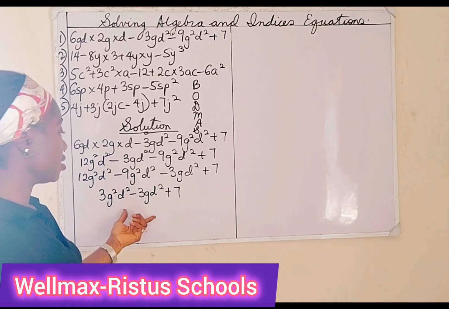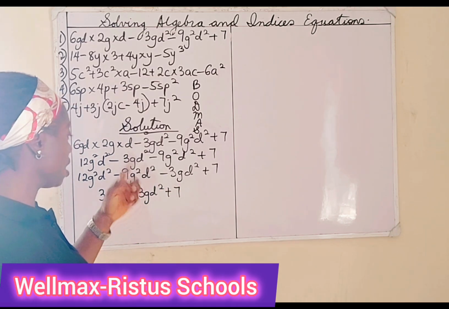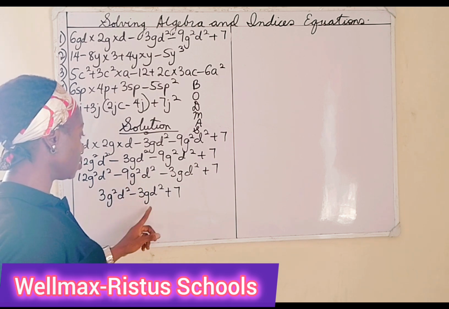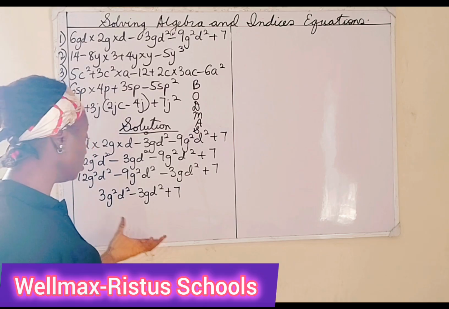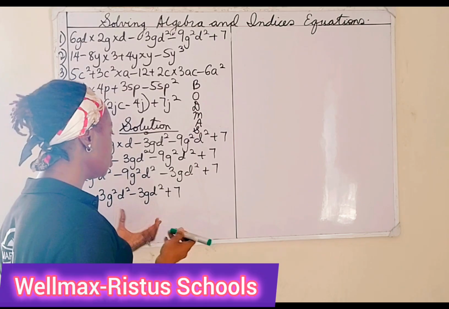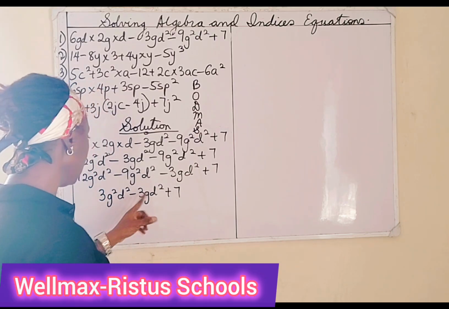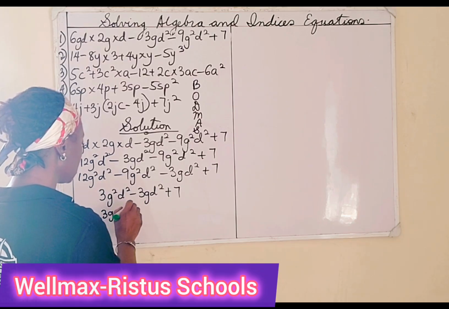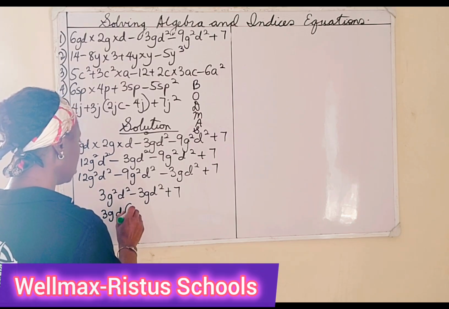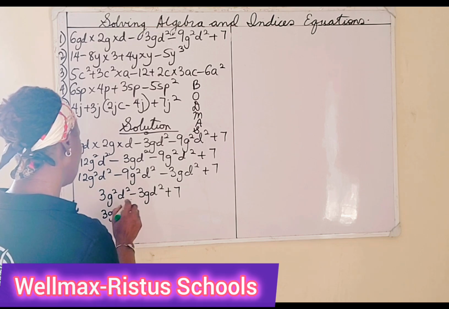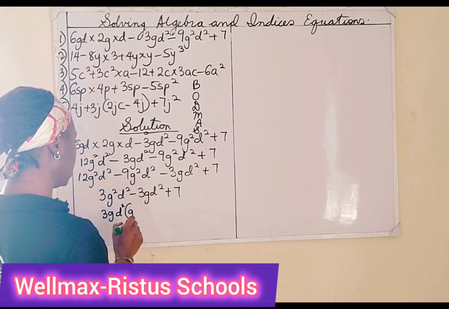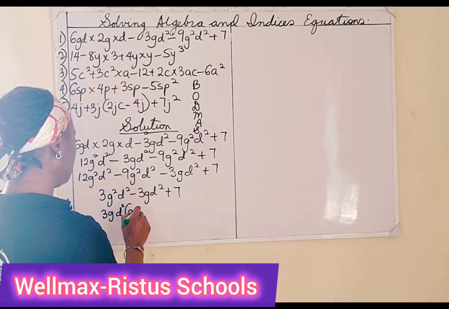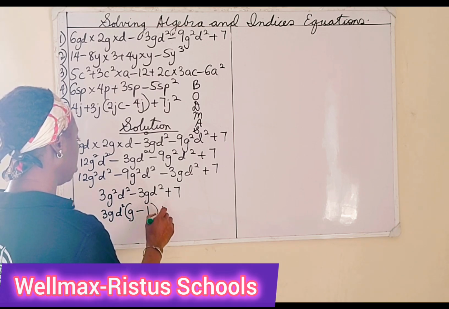So we're going to leave our answer like this. We can't go further than this because these two are not the same. They are different, right? But we can collect like terms. We can group them into brackets. We can take like terms from here. We can say 3gd squared into brackets g minus 1 plus 7.